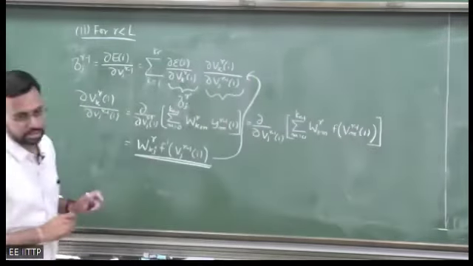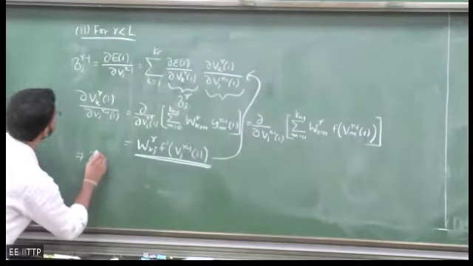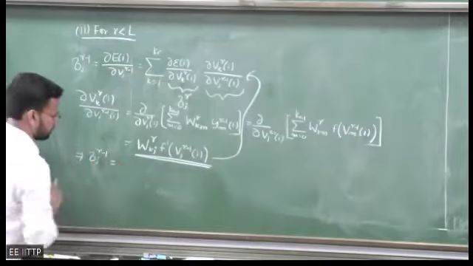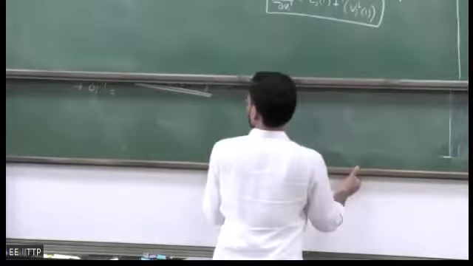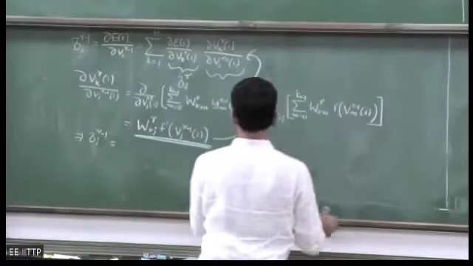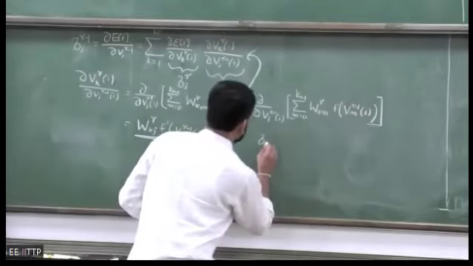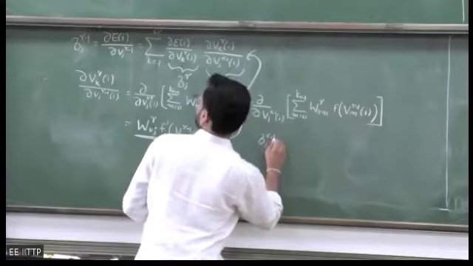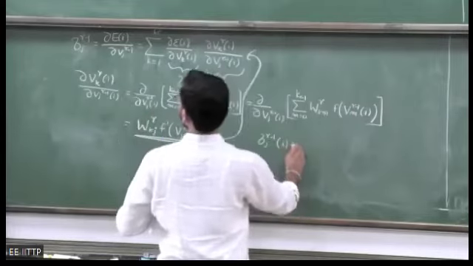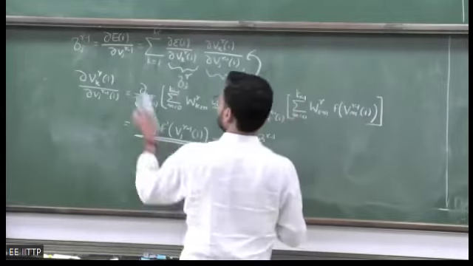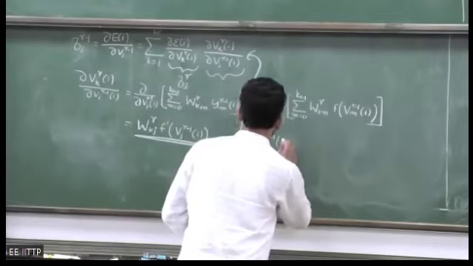in this summation. Okay, so that implies my delta_j^(r-1) of i is equal to, anyway this doesn't depend on i, but well, it depends, so I could write it, nothing wrong with that.